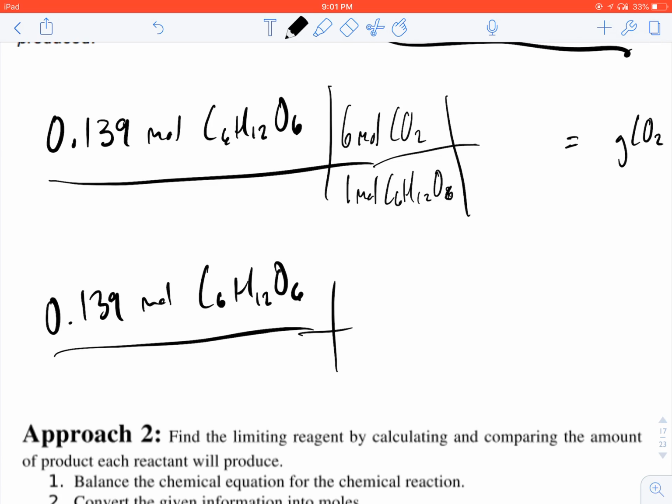and it would be in terms of moles of CO2, but we don't want moles, we want grams. So we need to multiply by the molar mass of carbon dioxide, which hopefully is about 32 plus 12, 44 grams per mole, which would leave us in units of grams of carbon dioxide, which is exactly what we want.